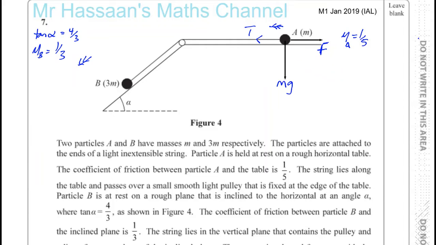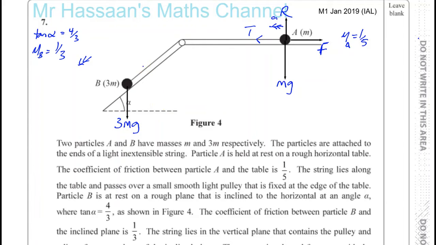We also have the reaction force, which is important when we've got friction acting, which acts straight up in this case. And those are the forces acting upon this particle here. It's accelerating towards the left. Now particle B, again you've got its weight, which acts straight down. This time its mass is 3m, so its weight is going to be 3mg.